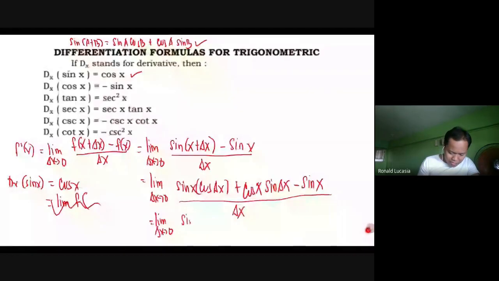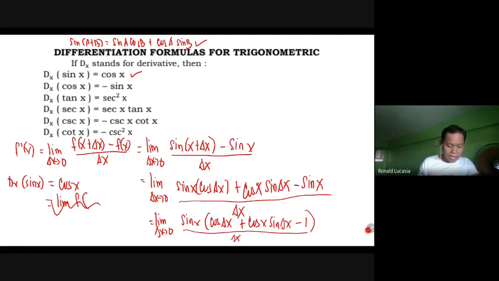So this will be sine x, and then sine x cosine delta x leaves cosine delta x, plus cosine x sine delta x, and then minus 1. Negative sine x divided by sine x is negative 1, all over delta x as delta x approaches 0.